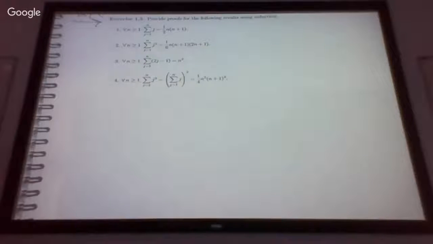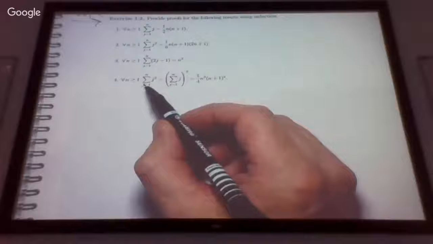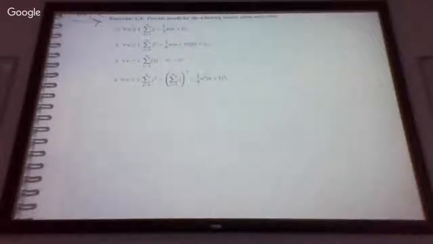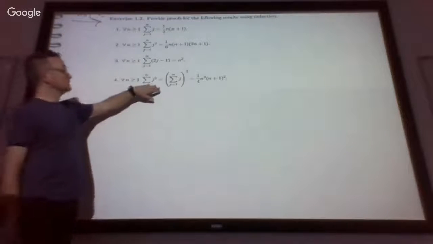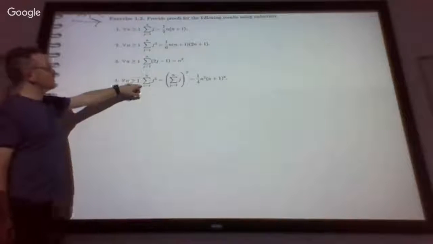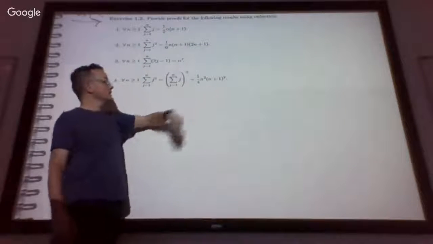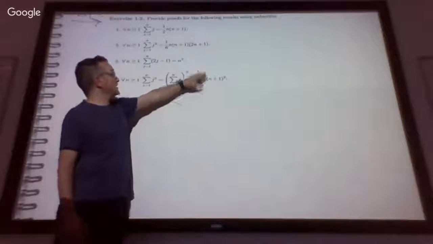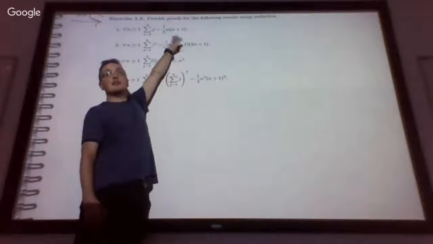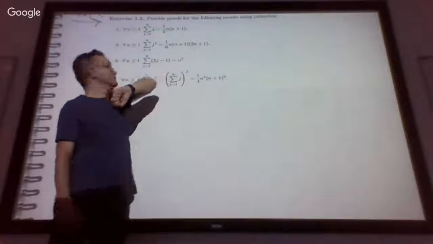Now, question 4, the result we're going to prove is from the left to the right. If we can prove from the far left to the far right, you'll notice that the right-hand side is just the square of that expression there in number 1.